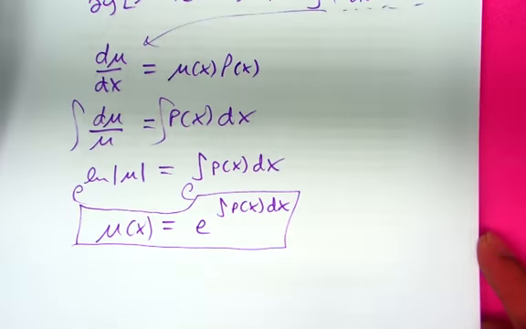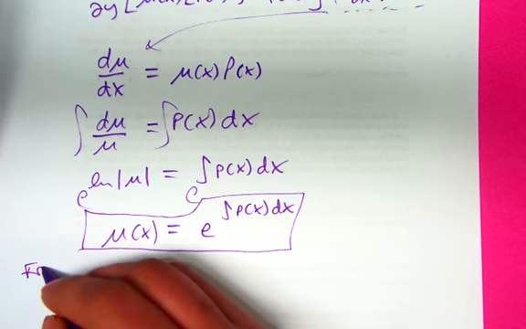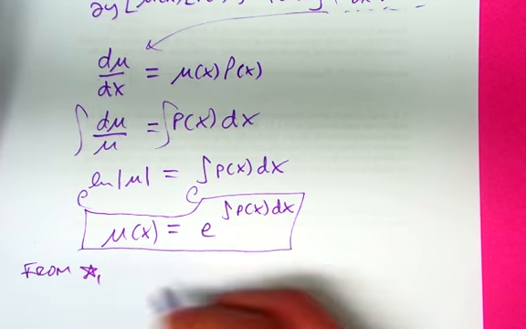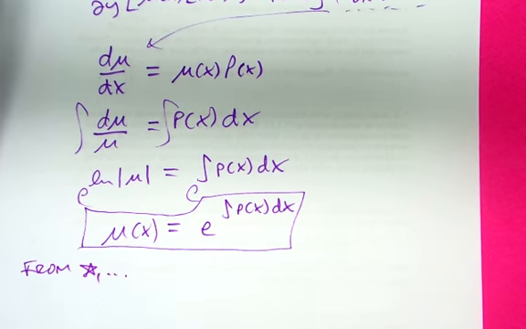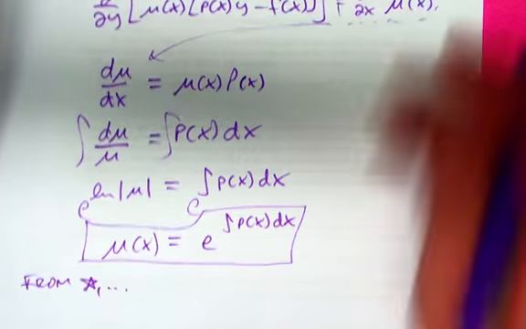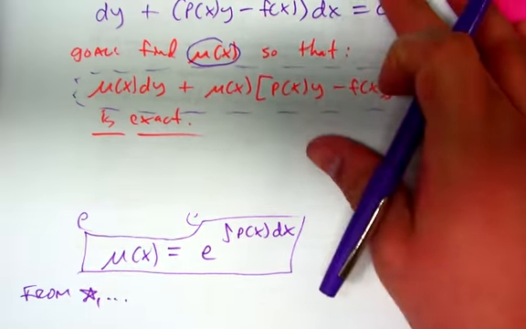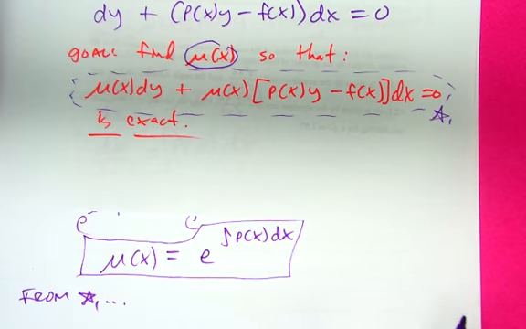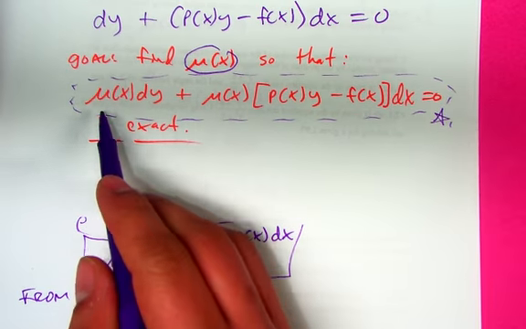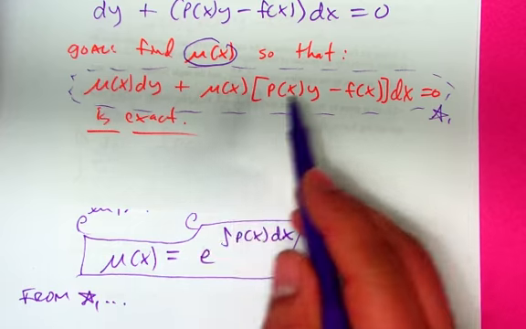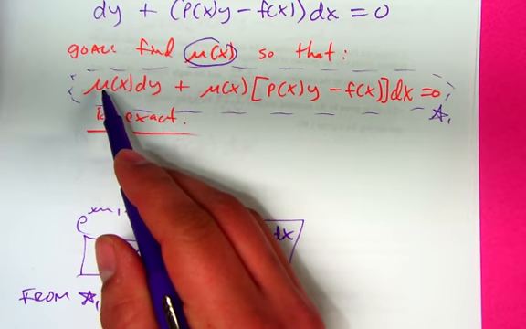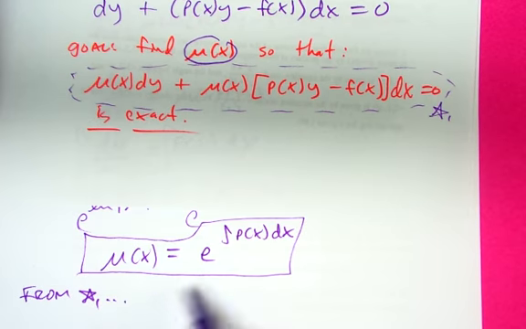Which then means, so let's, from star 1, I'm just multiplying everything now. Let's see if I can pull it up. So I'm going to, yes, question? Oh, okay. I'm going to take the equation here, multiply by the integrating factor, or in other words, just replace mu of x with this formula here, e to the integral of p of x dx.